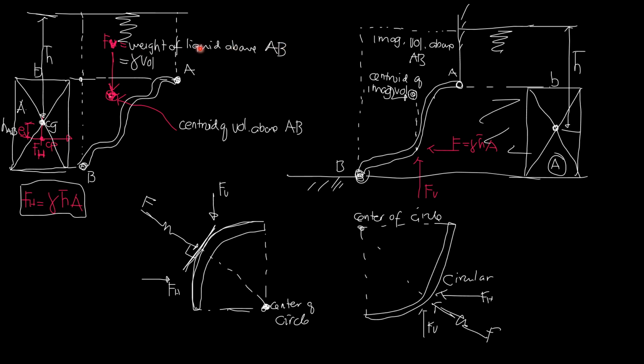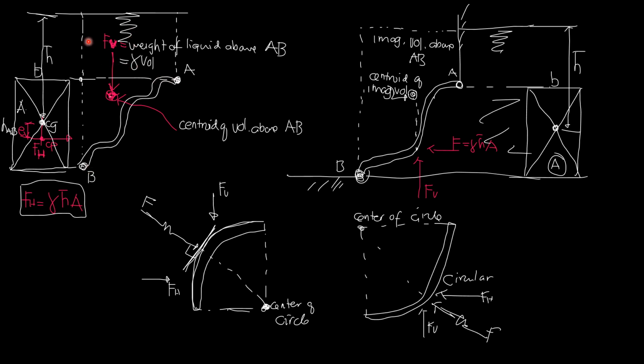So FV therefore is the weight of liquid above AB. And what is weight? Weight is specific weight of the liquid times volume. And what is that volume? Volume above AB. How do we compute for that volume?